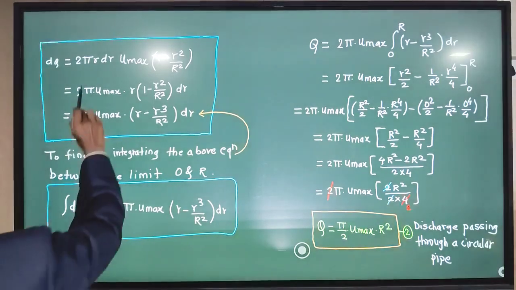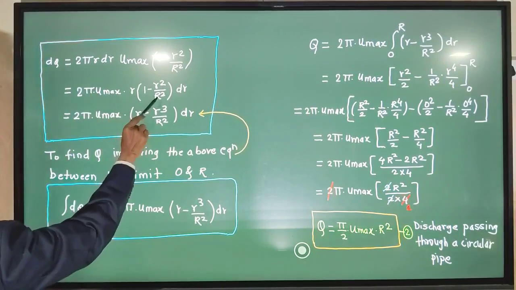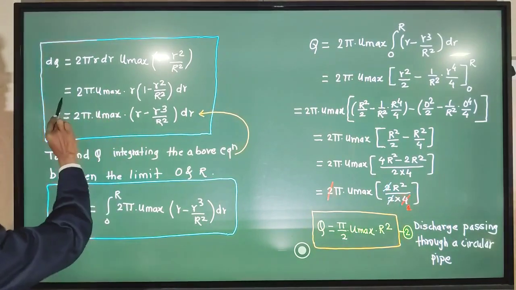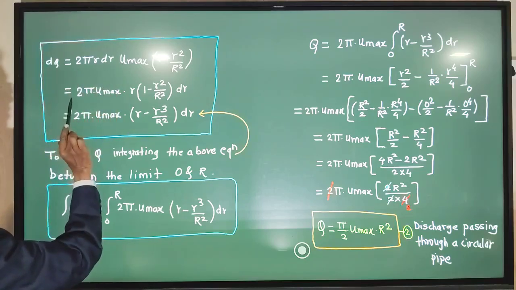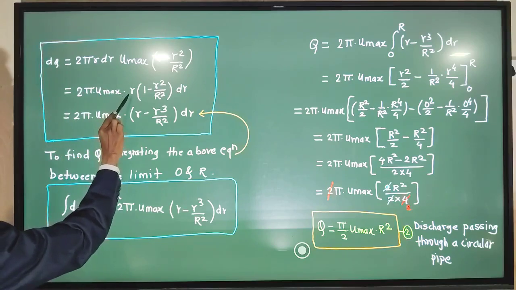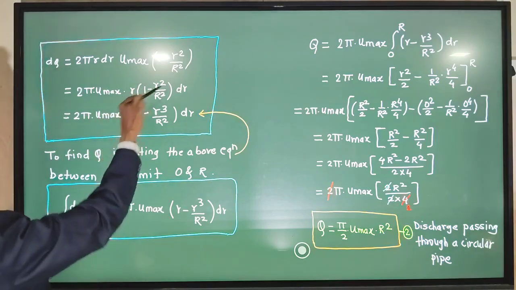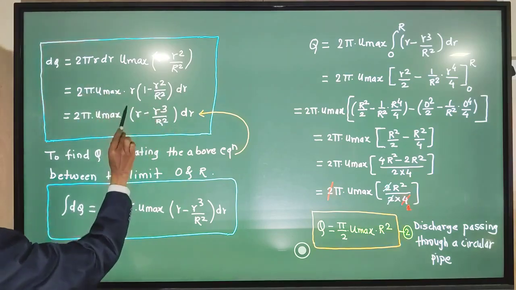Here we take this small r before the bracket. So in the next step 2 pi u max comes. This r which is taken here, we multiply with this bracket. This small dr we write at the end.